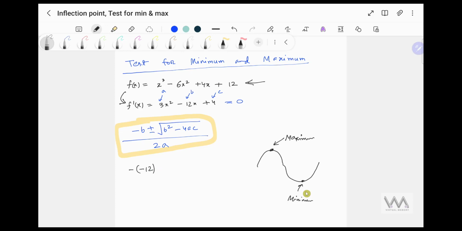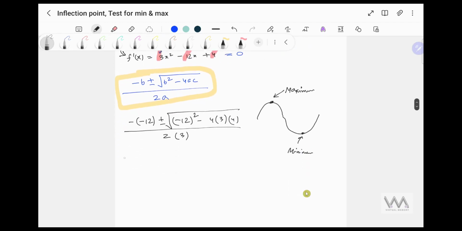As you can see, we have a equal 3, b equal minus 12, and c equal 4. So we have minus 12, which is b, plus minus the square root of 12 squared minus 4 times 3 times 4, over 2 times 3.